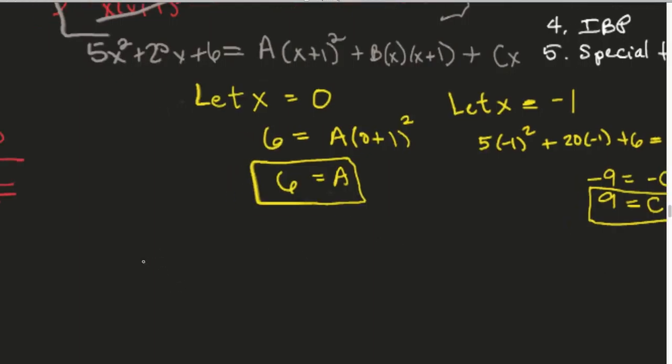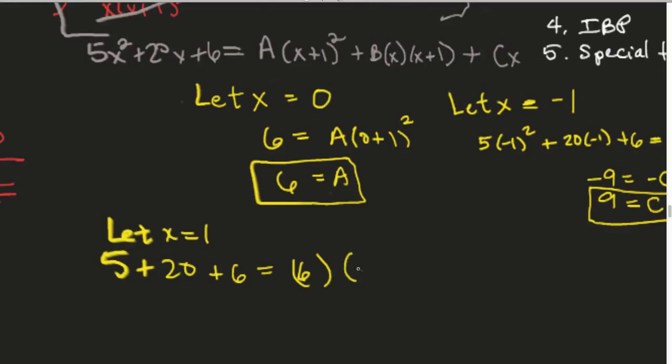So I would get 5 plus 20 for letting x equal 1, plus 6 equals A was 6 times 1 plus 1 squared, plus B we're looking for, plus 1, plus C was 9 times 1. Do you understand what I've done there?